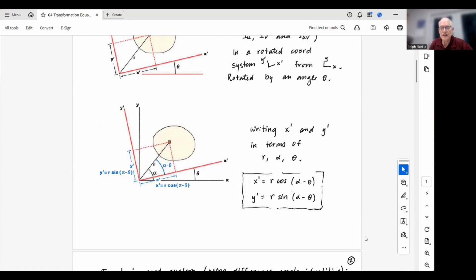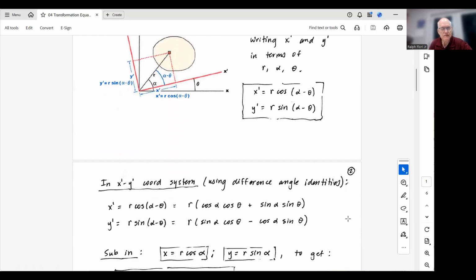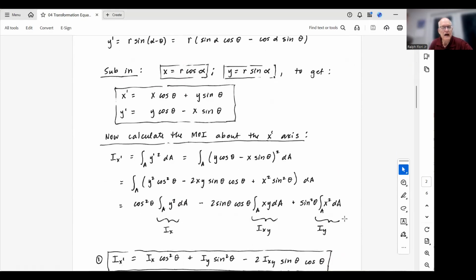So once I get those x primes and y primes, I can calculate the moment of inertia about the x prime axis. And so Ix prime is equal to the integral over the area of y prime squared dA. But y prime, we said, was y cosine theta minus x sine theta, and then we're going to square that times dA.